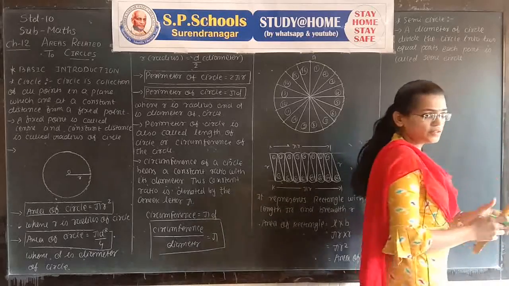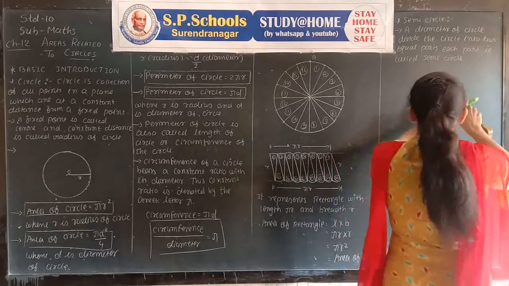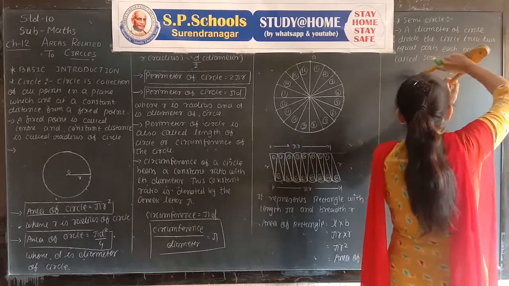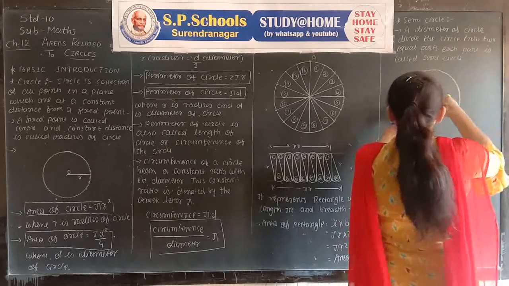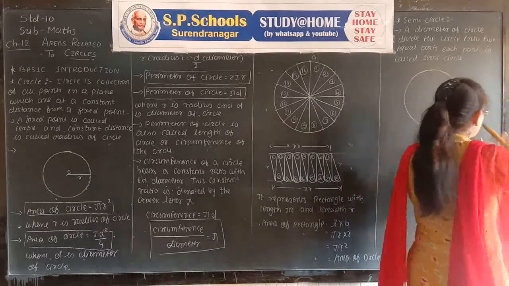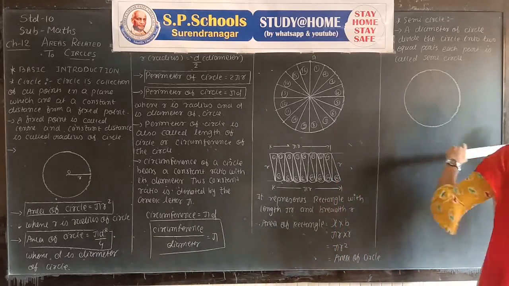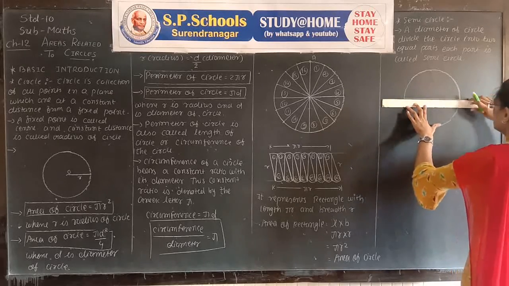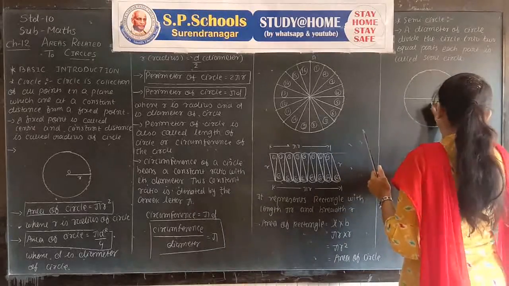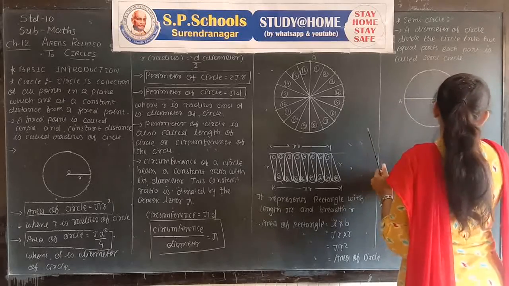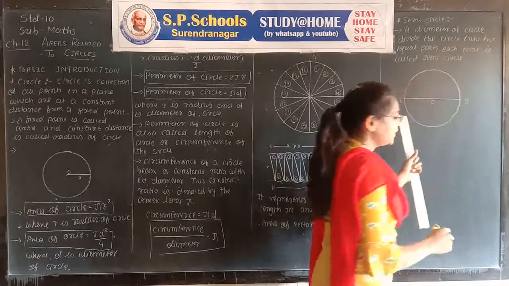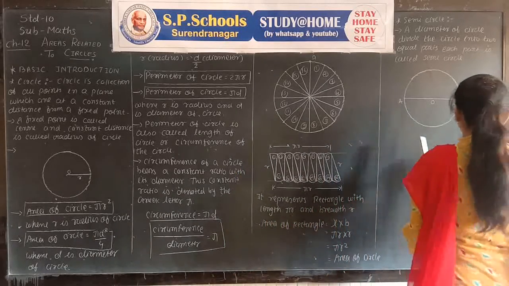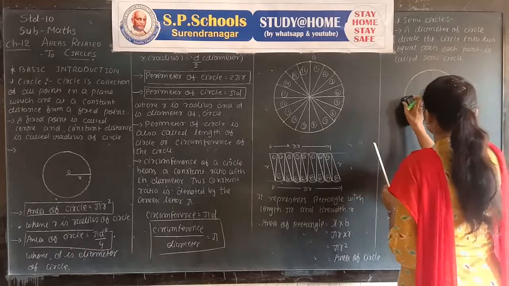Let's draw one semicircle. It is a circle. Draw one diameter; let's take one diameter passing through the center. Upside and downside both are semicircles. Now I am removing the bottom side.